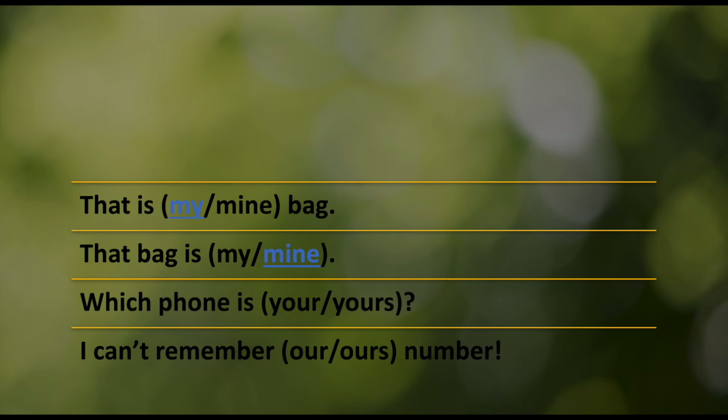And I can see mine, that is an independent possessive pronoun that can come alone and without the noun. So it should be mine. And it's taking the place of the noun. And it implies possession. And that we're still talking about the bag. All right, let's move along to the next one.